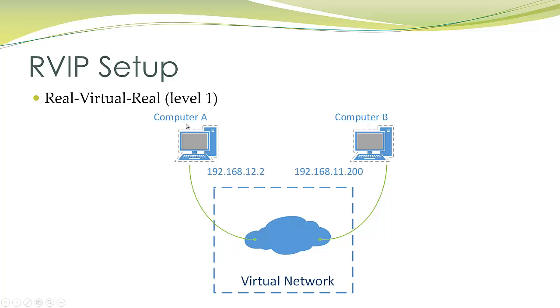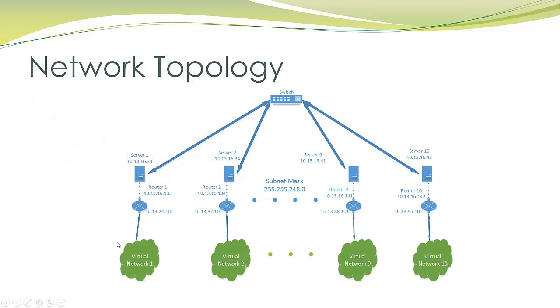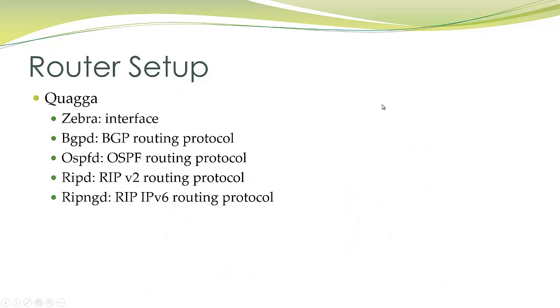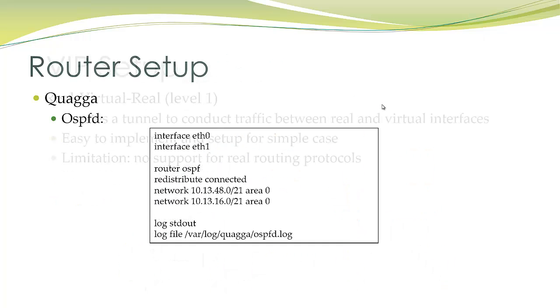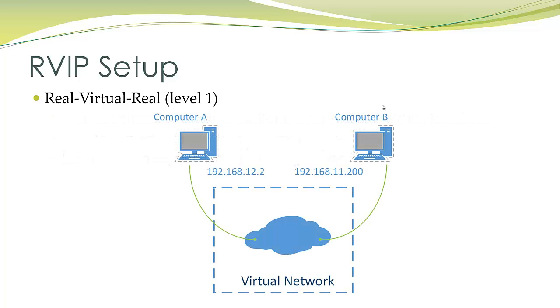So if these two computers are not directly connected to the virtual network, but are connected through routers, through switches, and span across different servers, in this case RVIP version 1 doesn't work very well. It can achieve a certain kind of functionality, but it cannot work perfectly.